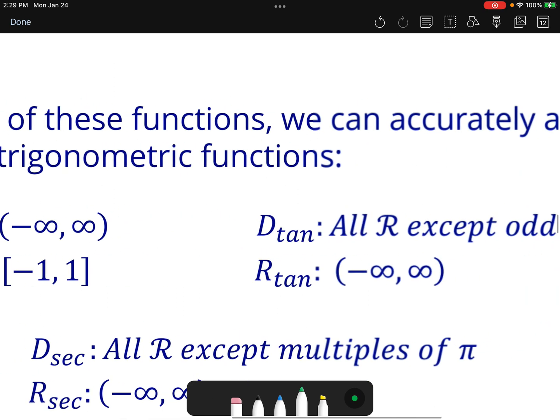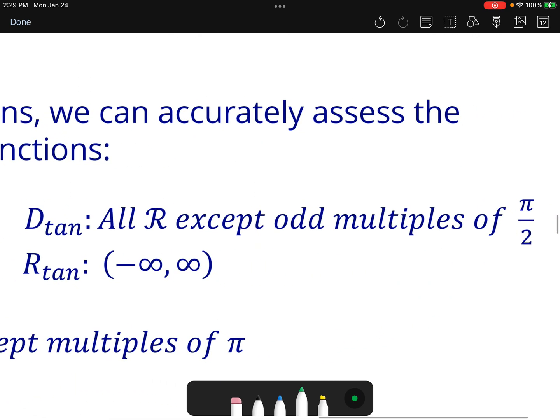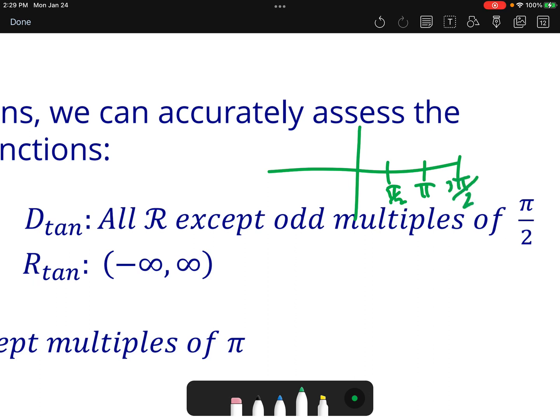Now do tangent. Well, you can see then that the domain of tangent is all reals, except odd multiples of pi over 2. You can see that on your graph. Each one of those little X notches here on your graph is a pi over 2. That's pi, that's 3 pi over 2, etc. Negative pi over 2, negative pi. So all those pi over 2s you see are going to be vertical asymptotes.